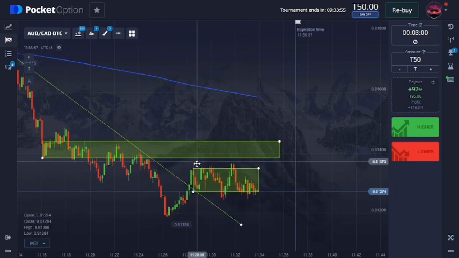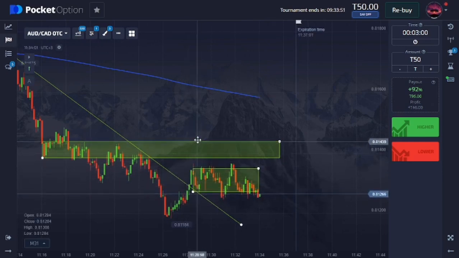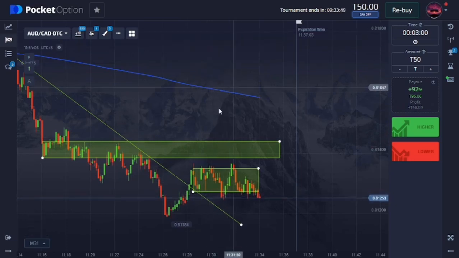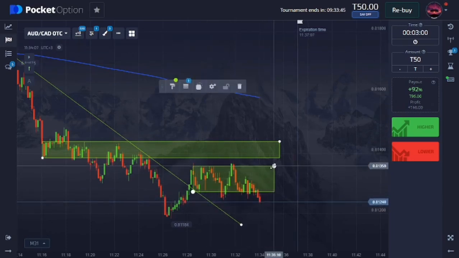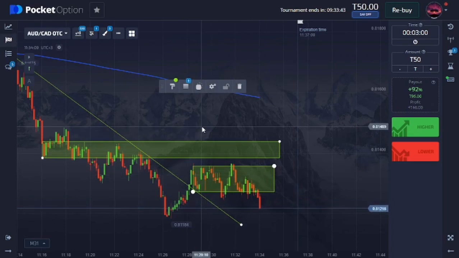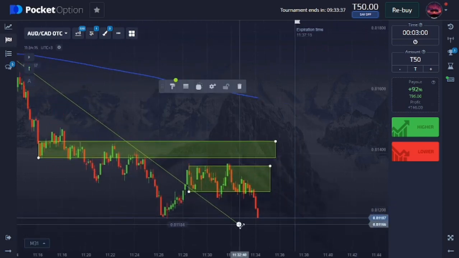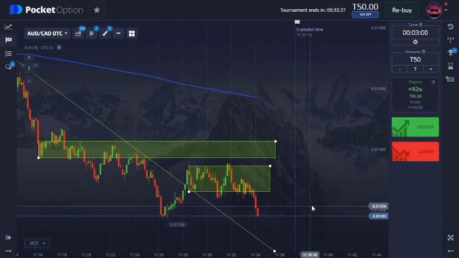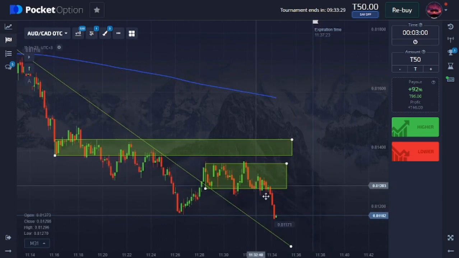The price can't just break it and then continue trading up. That usually does not happen. It has to collect liquidity, accumulate some power, and okay, it seems like we are breaking to the downside.